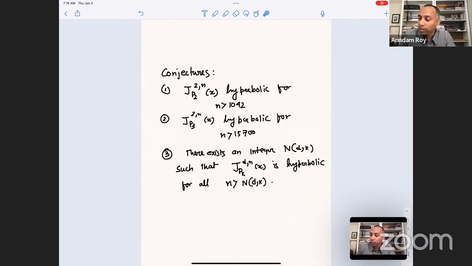I'll try to explain why proving n greater than 1042 will be challenging. In general, if we take any degree, it will be much more challenging to get this N(d,k).